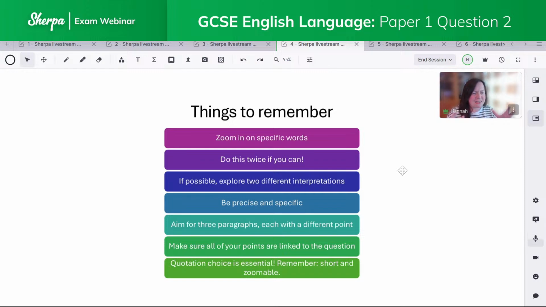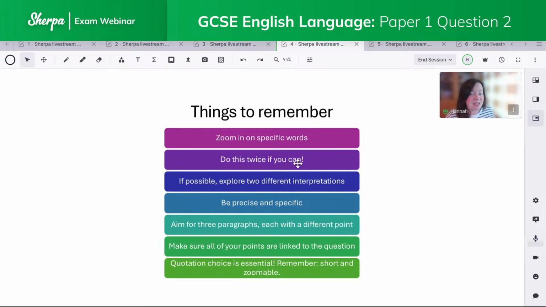Sometimes it will stand out quite a lot which word it's going to be that's zoomable, that you can really analyze the connotations of, the impact on the reader. Sometimes it might be the more subtle words. For example, has the writer gone from using I to we? What might that suggest in that sentence, for example? So yes, looking very carefully at those individual words.